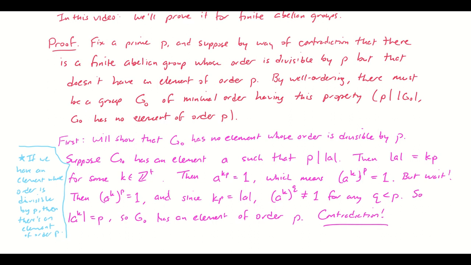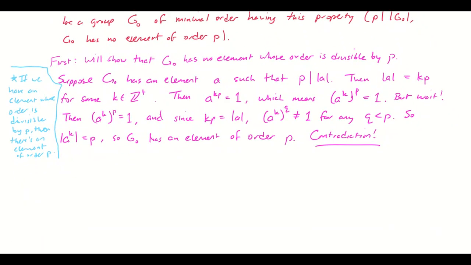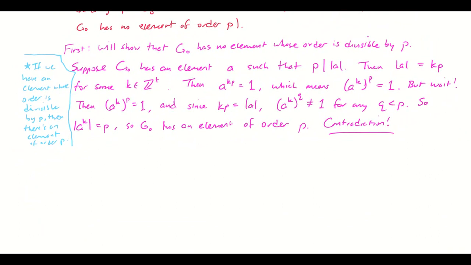So that's a useful thing to know. We'll probably use that a couple of times in this theorem. All right. So anyway, not only does G naught not have an element of order p, it doesn't even have an element whose order is divisible by p.